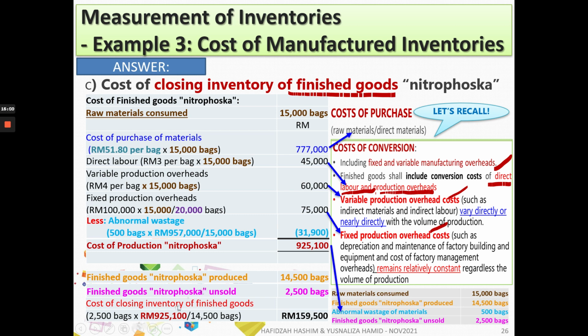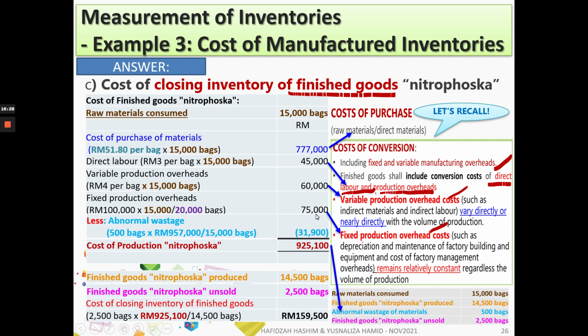Now, the cost of closing inventories is for you to take the 925,100 here, then divide by the 14,500. 14,500 is the number that are being produced, and we are now interested only in the unsold inventories, or the closing inventories, which is 2,500 bags.